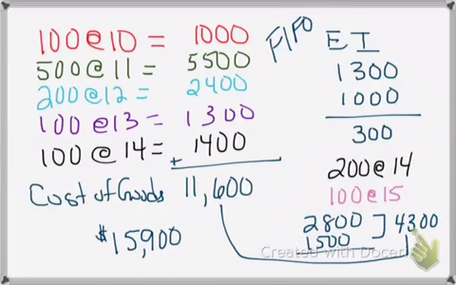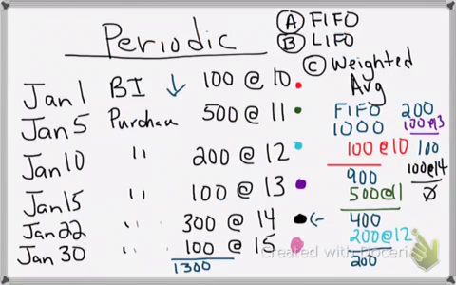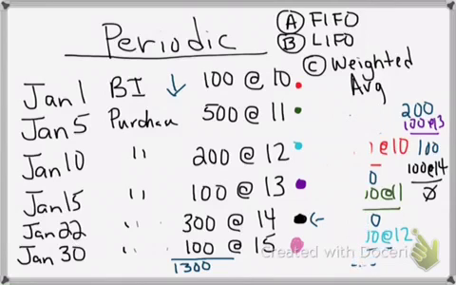The next thing we're going to look at is our LIFO system. All right, now the next one we're going to look at is that LIFO system. So I'm going to take away what we've got here that we just got through looking at.